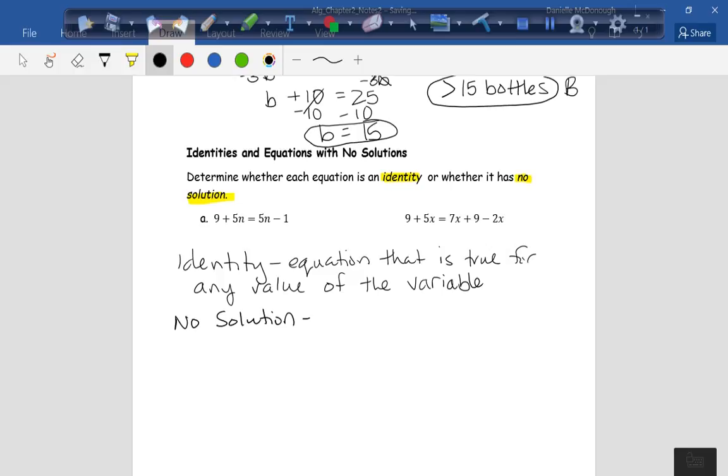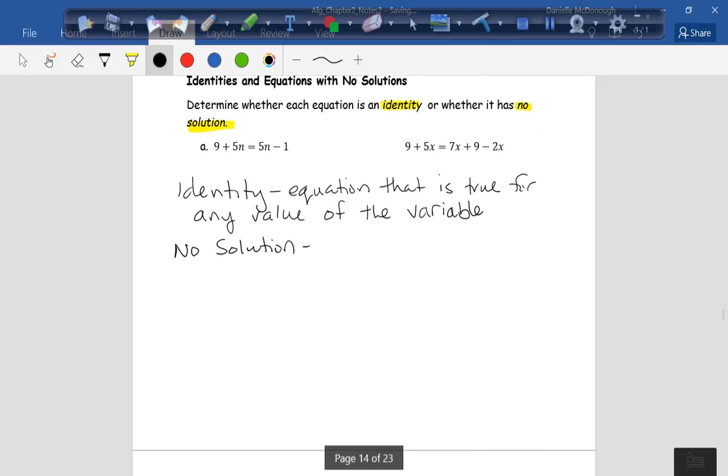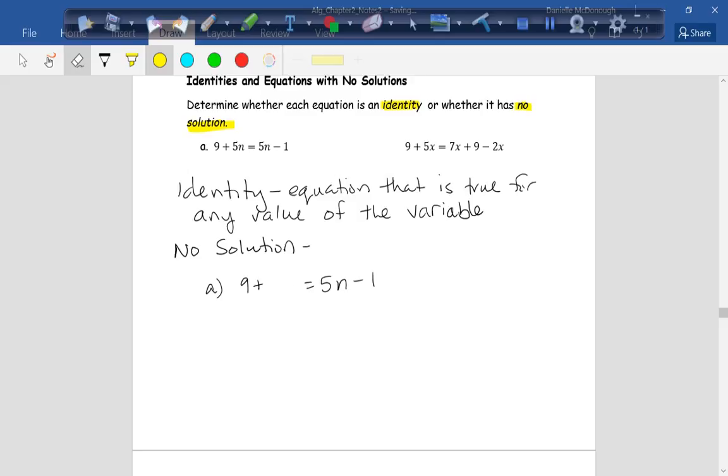Okay? So if I look at this first example here, I'm just going to copy it down. 9 plus 5n equals 5n minus 1. So if I go through and try to solve this, there's nothing that I need to simplify on either side, so I'm just going to start by moving my variable.